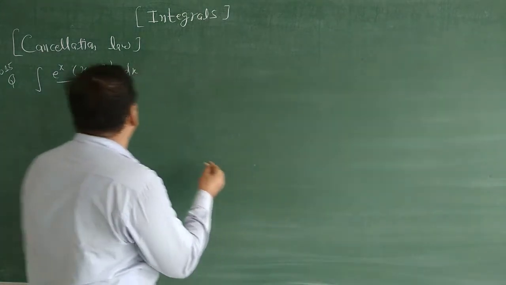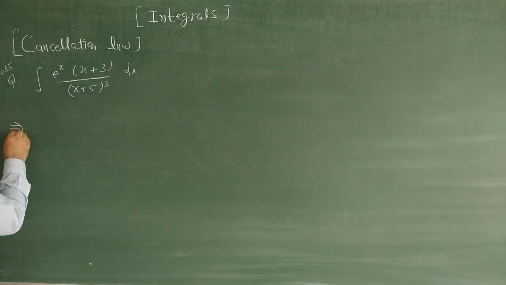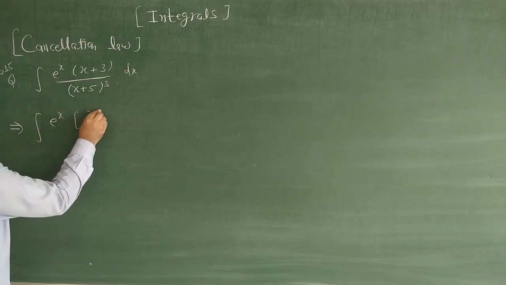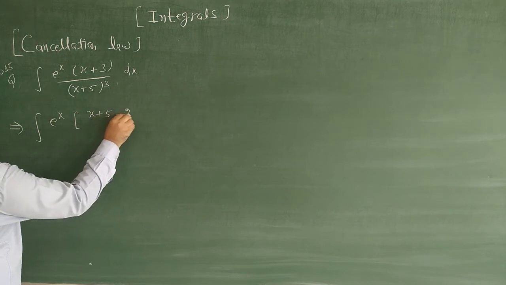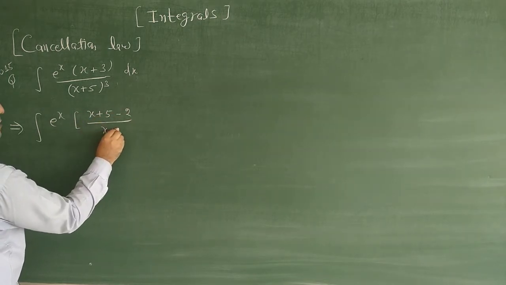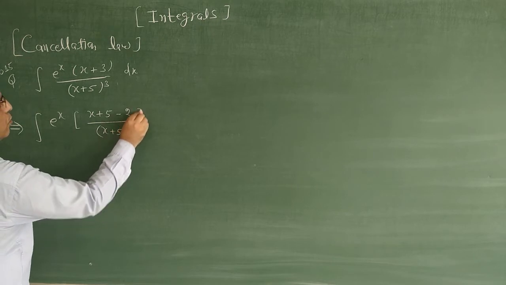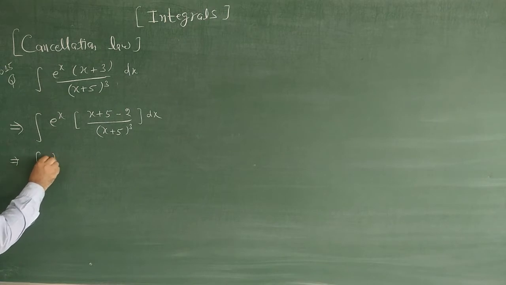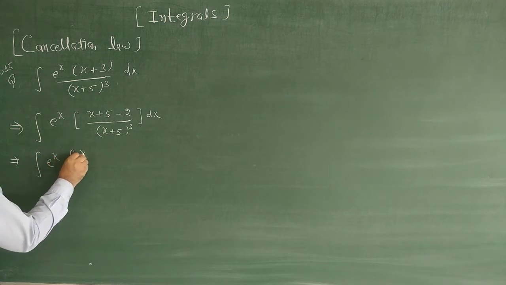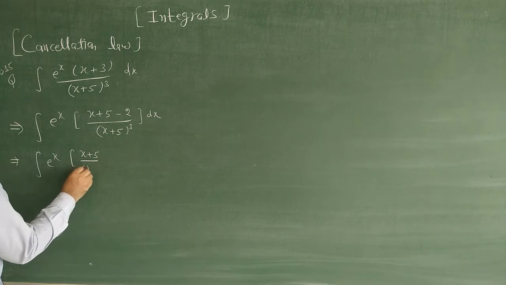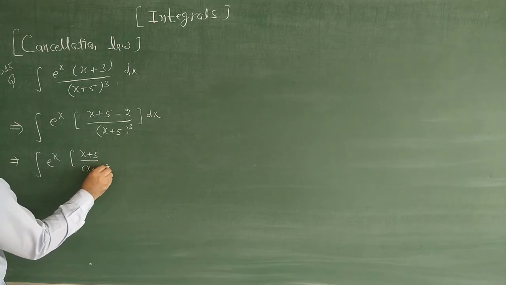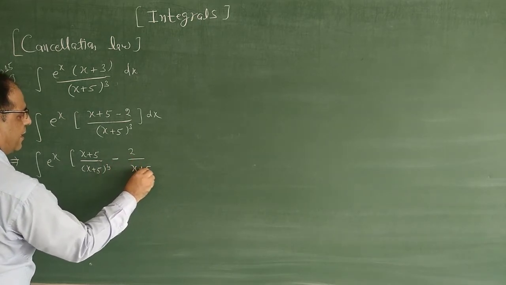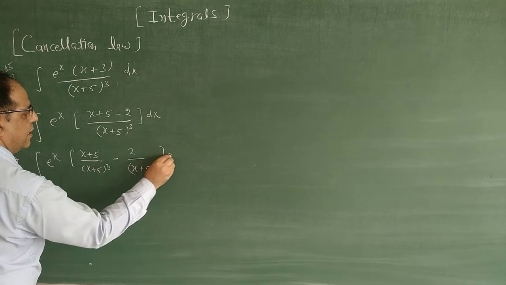So the integral of e to the power x, where x plus 3 can be written as x plus 5 minus 2, upon (x plus 5) whole cube dx. This can be written as e to the power x times [(x plus 5) upon (x plus 5) whole cube minus 2 upon (x plus 5) whole cube] dx.